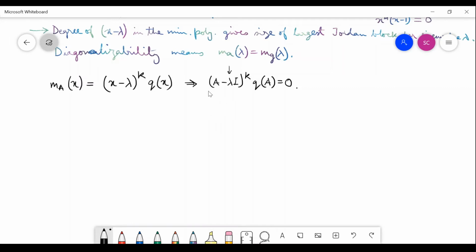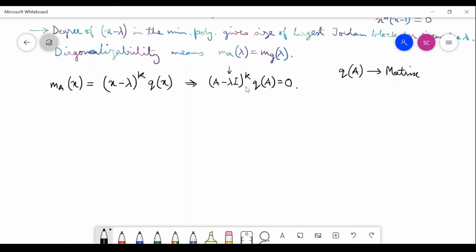Looking at this expression with the equal to 0, we can gather that q(A) will be some matrix.